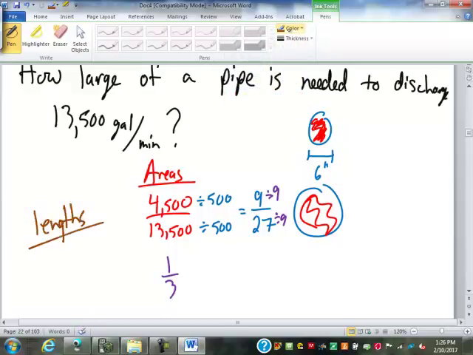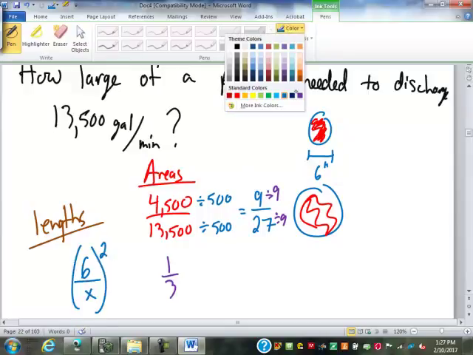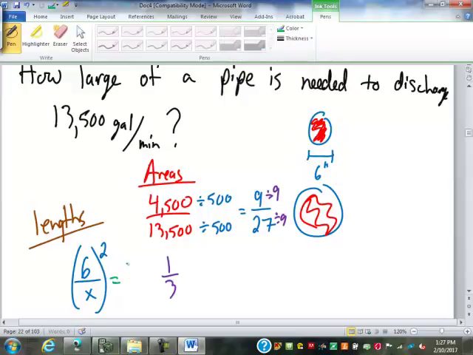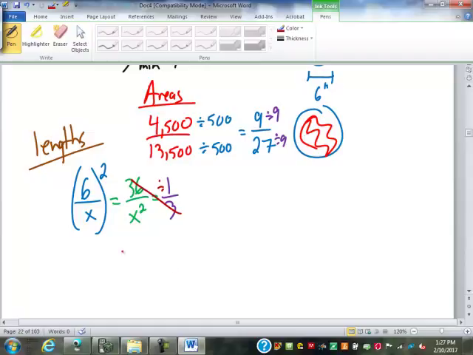So now we come back to our lengths. We've got the 6 inches. That's the smaller one, right? X is going to be the bigger one. We're going to square that. 6 squared is 36. X squared is X squared. So 36 times 3 divided by 1 is 108.